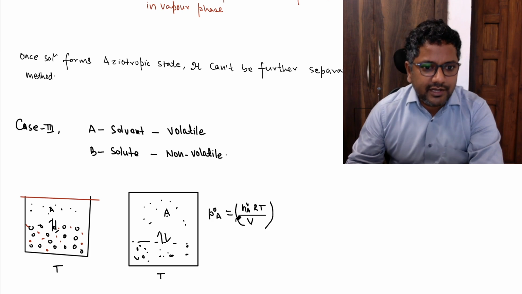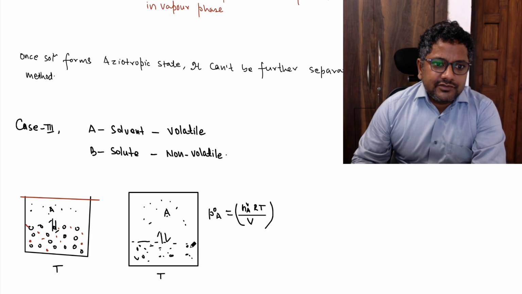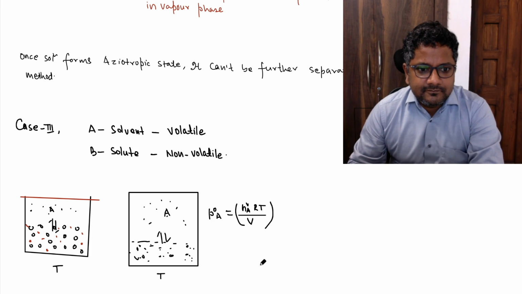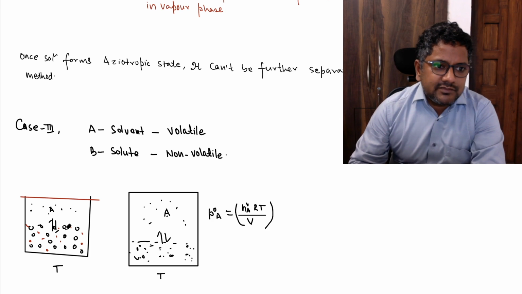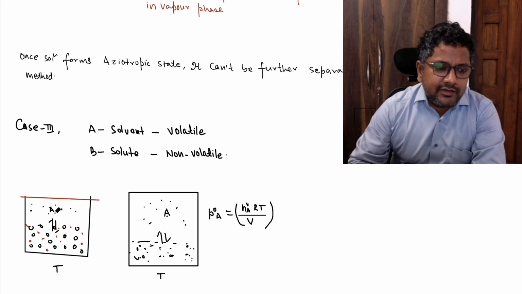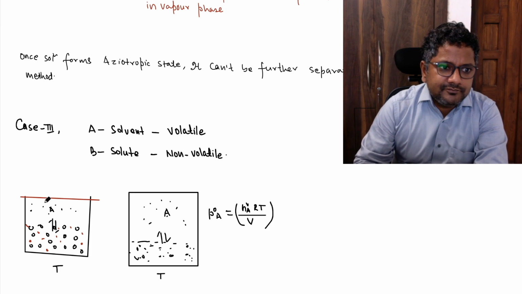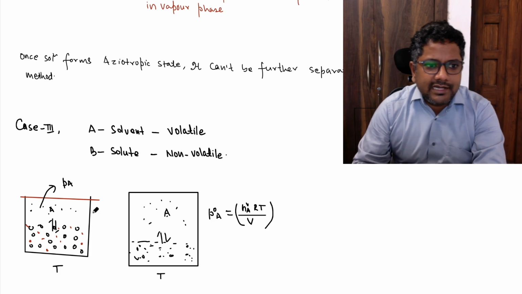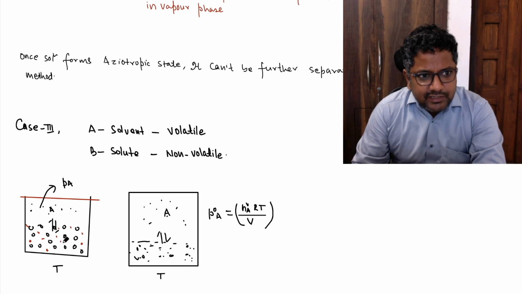P naught A. So by using this formula you can calculate this. This is pure. Now in this mixture, what is the vapor pressure of A? Now this is PA. Why am I writing PA here? Because this is not pure. Some effect of this B must be there.